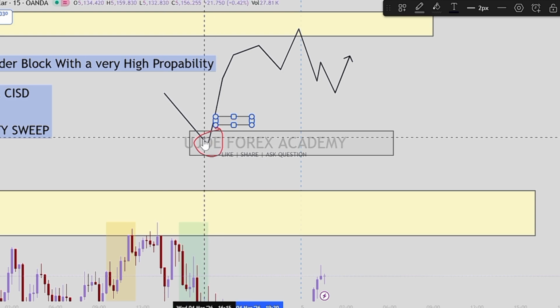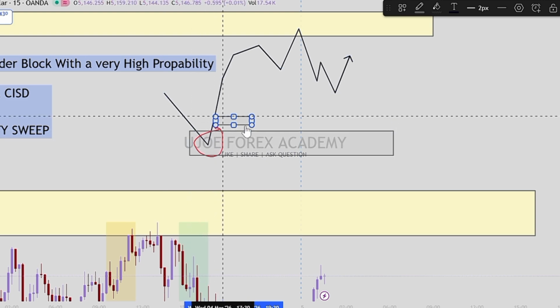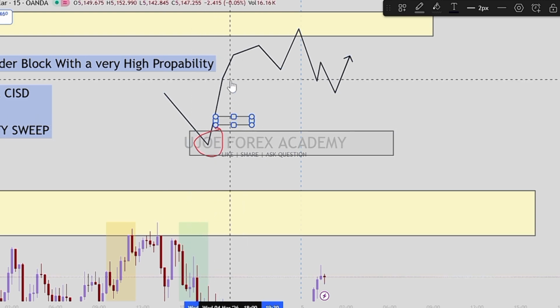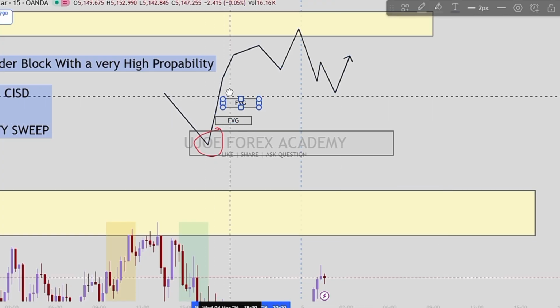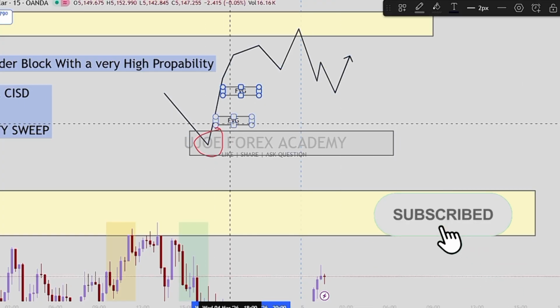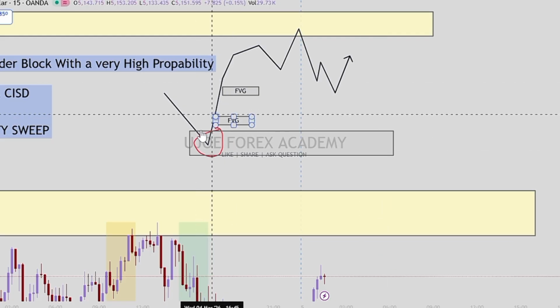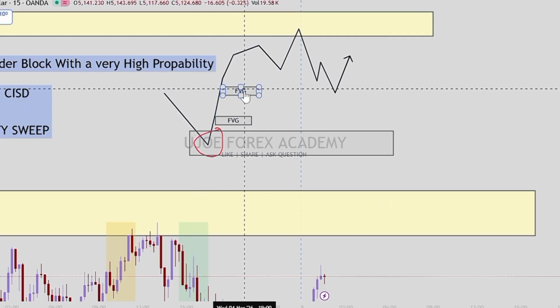It's not that you're going to be having a fair value gap somewhere here instead of here. And even if you have a fair value gap here, there are still ways in which you could check.